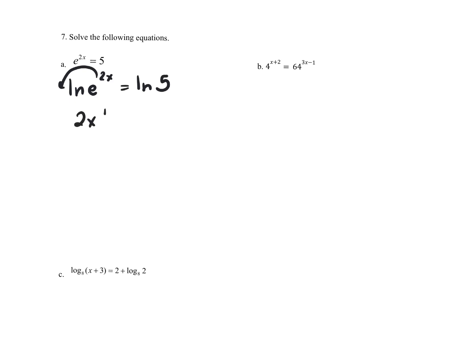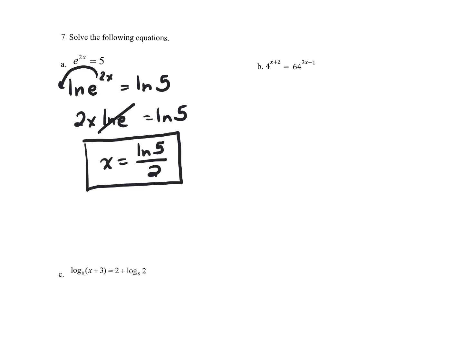I'll bring the 2x down and get 2x ln e equals ln 5. But remember, ln e is just 1, so you can ignore it. So x is simply going to be the natural log of 5 divided by 2. If you want to find out what that is, that's fine, but this would be sufficient as well.